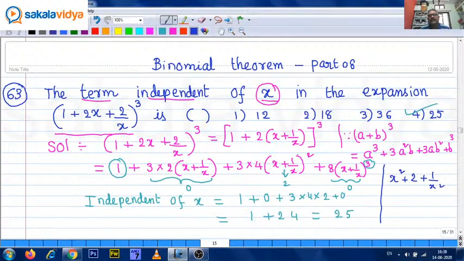In 2ab the x cancels, so the 2 will be the constant term, 2 multiplied by 3 multiplied by 4, that I have written, 3 into 4 into 2. Whenever the power is odd, we don't have any independent term, constant term. So here also we don't have. 1 is the constant term, 1, here 0, here 3 into 4 into 2, plus 0. So the answer is 25.